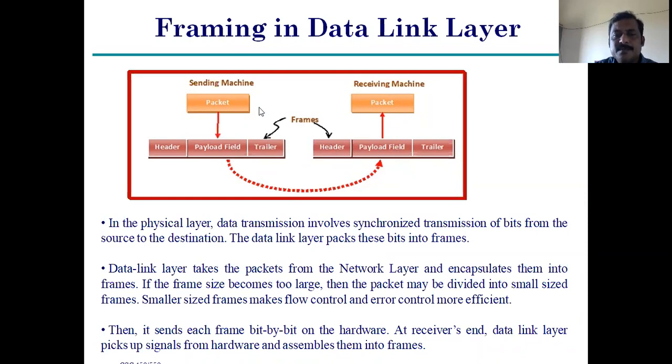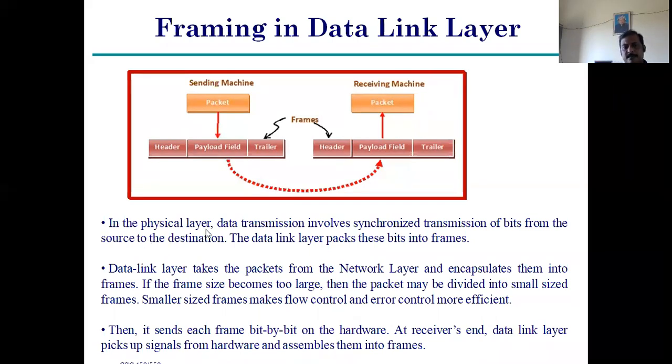First, a packet is received from the upper layer, the network layer, by the lower layer. The network layer transmits the packets, and the data link layer receives the packet information and transmits frames. So the packet information is arranged as frame information, right? Like this.